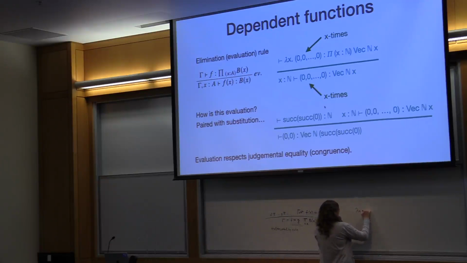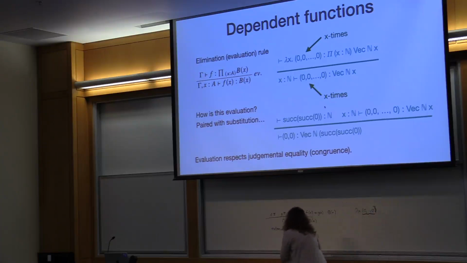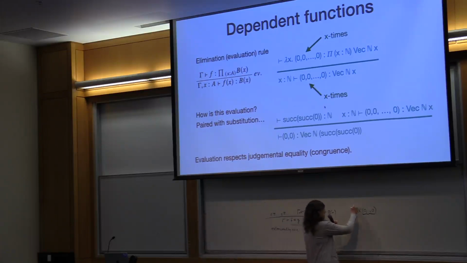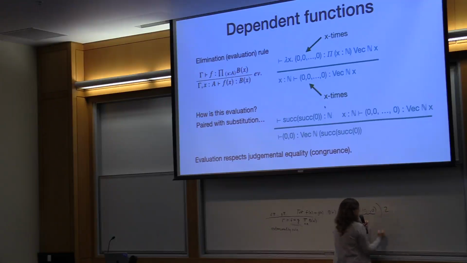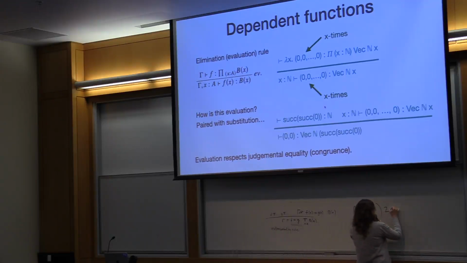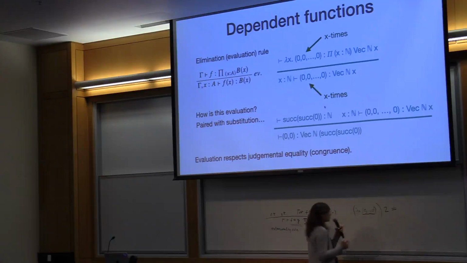Lambda x, and then I have zeros, and these zeros are x times, and I do the same. Okay, so I first constructed something, and now I can evaluate it on, may I be lazy, on number 2, okay? This is evaluation, instead of a successor of 2, right? And this needs to be now judgmentally equal.